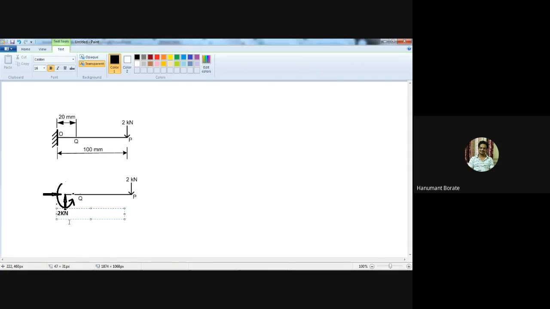It is acting downward, so this Ay value is 2 kilonewton upward, and the moment equals 2 into 100 mm distance. So 2 into 100, 200 kilonewton mm.